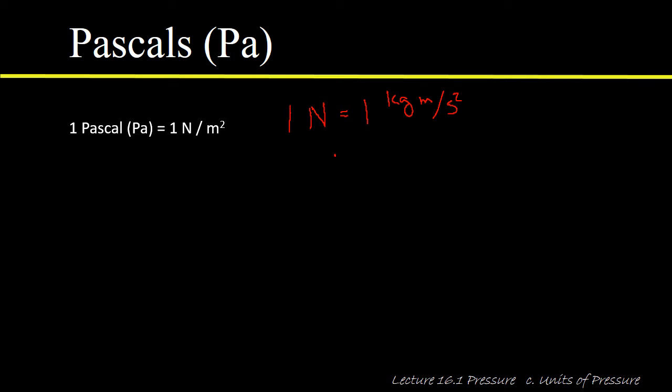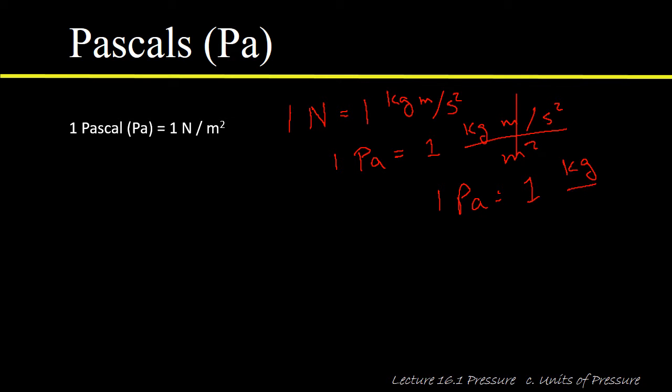And that means that 1 Pascal is 1 kilogram meter per second squared per meter squared. 1 Pascal is 1 kilogram per meter second squared.